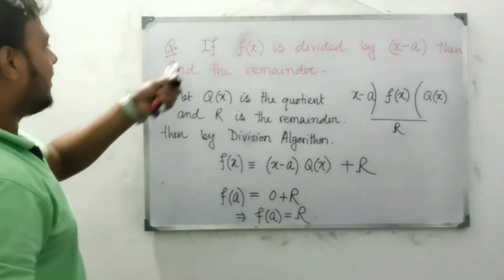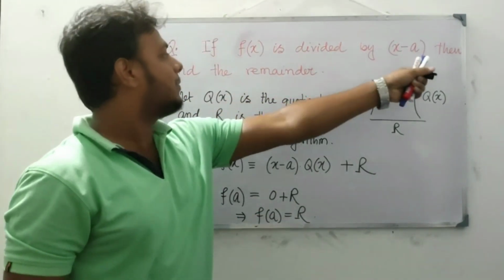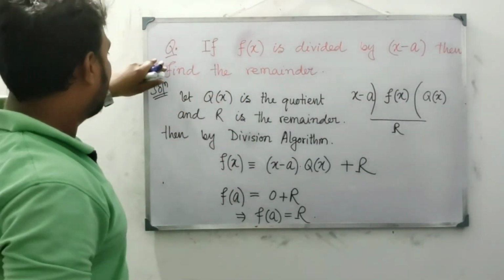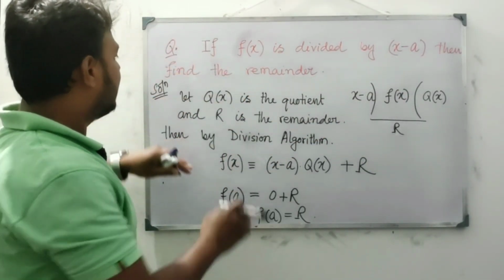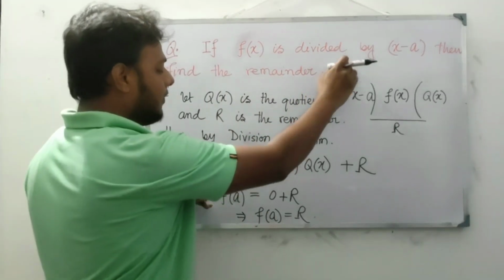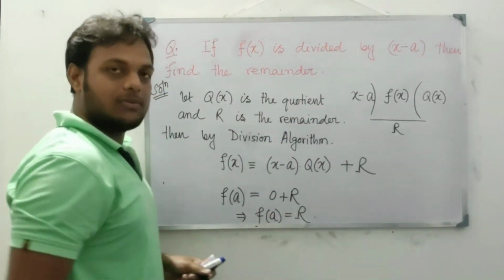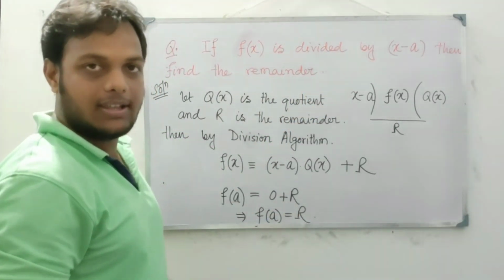So we get the answer that if f(x) is divided by x minus a, then the remainder is f(a). The remainder is r equals f(a). Understood? We get the answer.